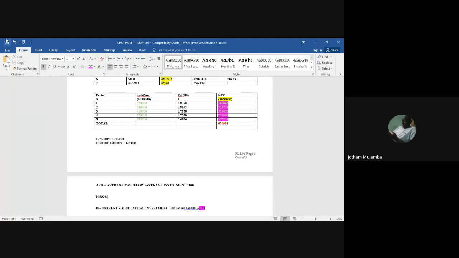We divide by average investment, which is 605,000, and then multiply by 100. What percent do you get? 65.29%.